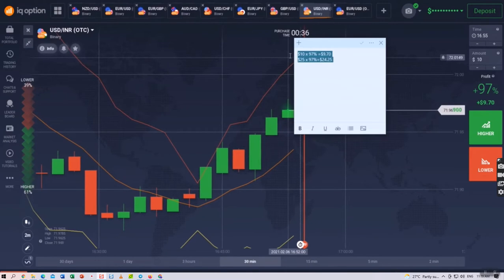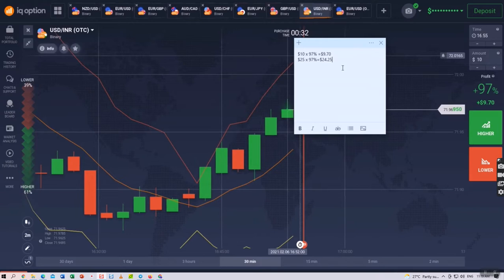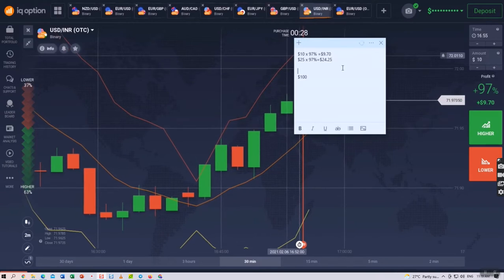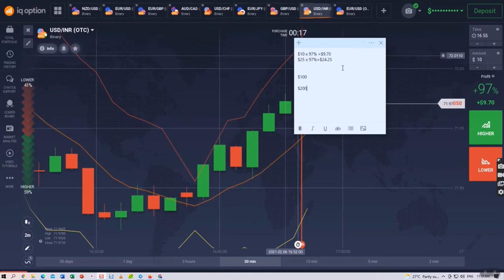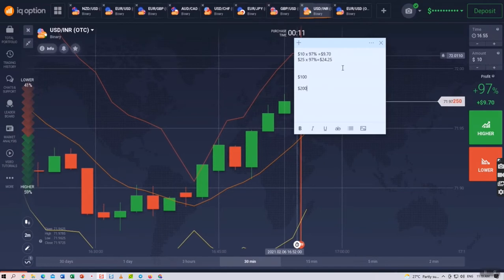So in the future, if your account size grows much more, for example, your initial deposit is just $100, and each trade you trade $10, $10, $10, $10, and your account grows to have a profit of at least 200 USD, withdraw your initial capital. Sorry, let me rephrase that.